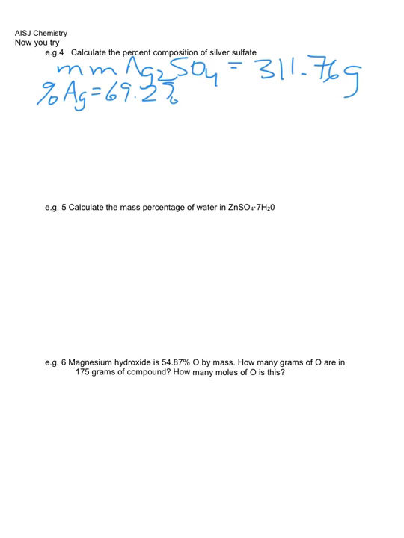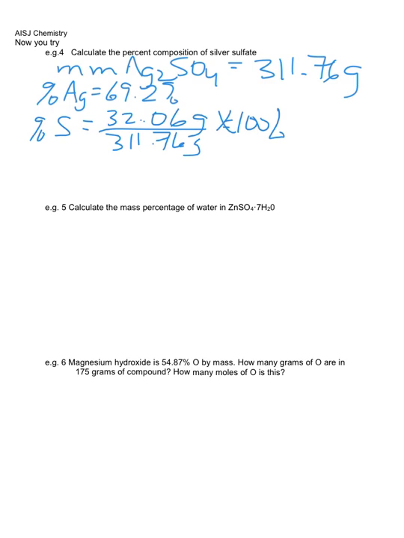Now let's figure out the percentage of sulfur. All right, we know that sulfur has a molar mass of 32.06 grams. And again, we've calculated the total molar mass of this compound. So if we multiply by 100%, we know that sulfur represents 10.3% of this compound.